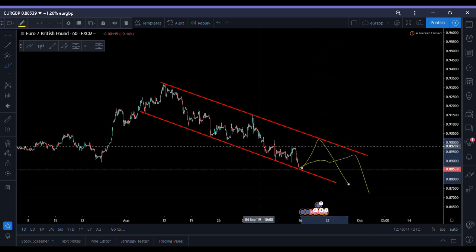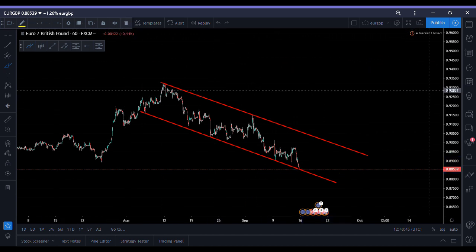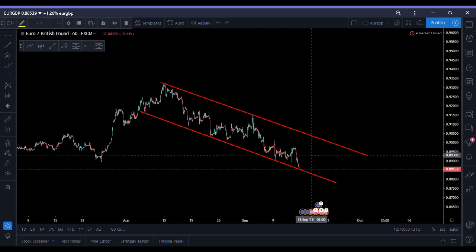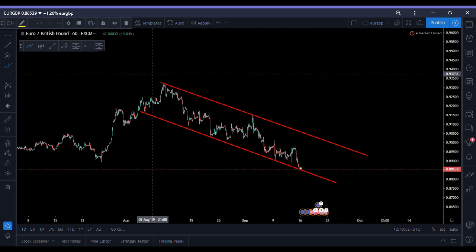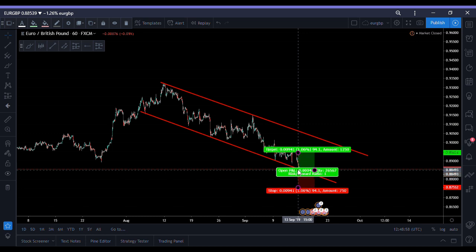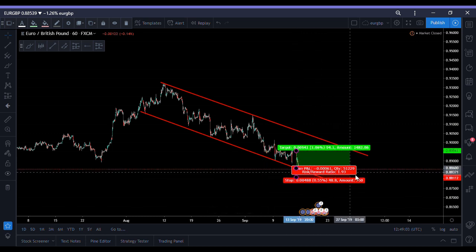So for euro pound, it's actually a buy from this area going to the upside. By position, I'll check how much percentage you're looking for, so you can adjust your loss.